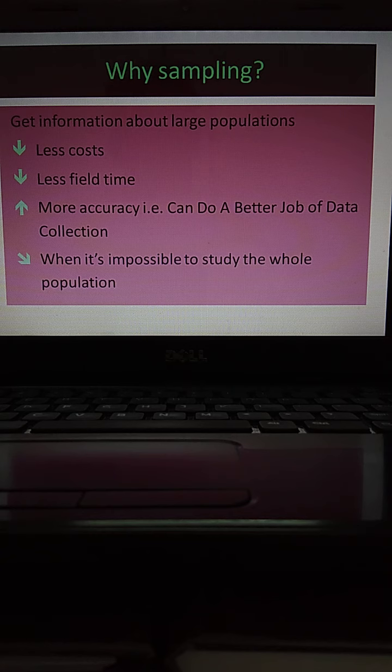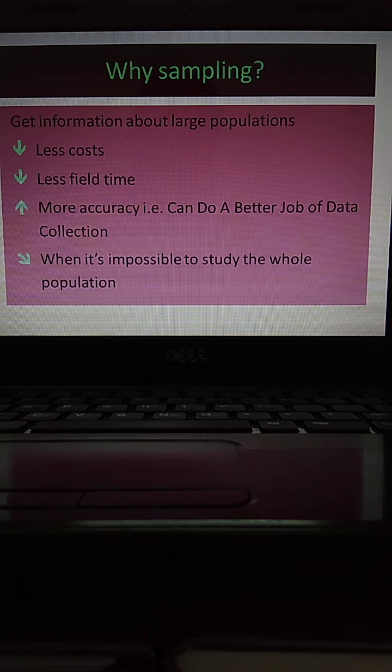Now we are going to understand why sampling is required. The main purposes are like this. The first one is less cost. If you go for getting information from each and every unit of the population, it leads to huge expenditure.